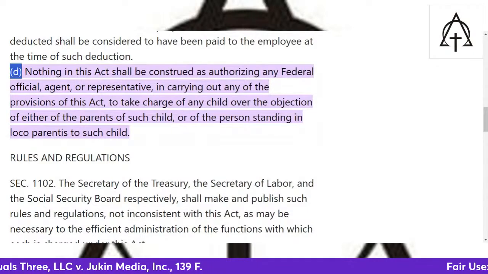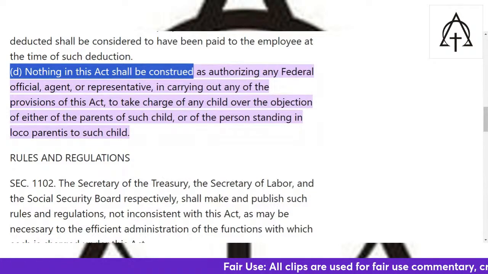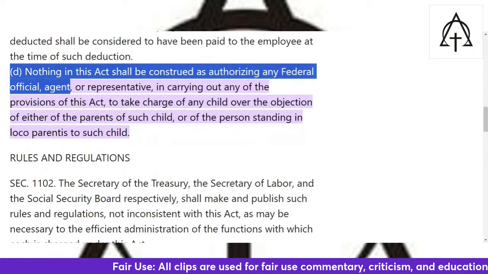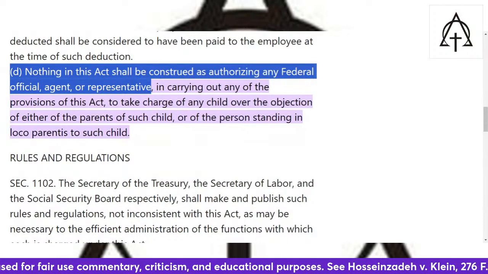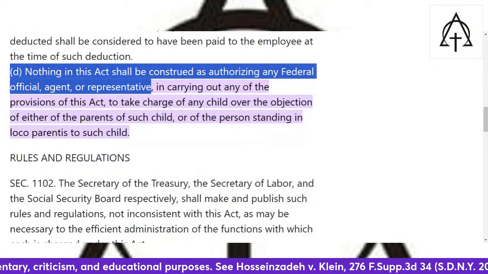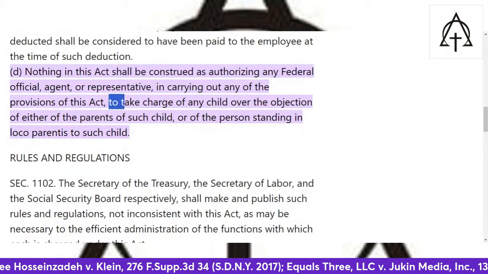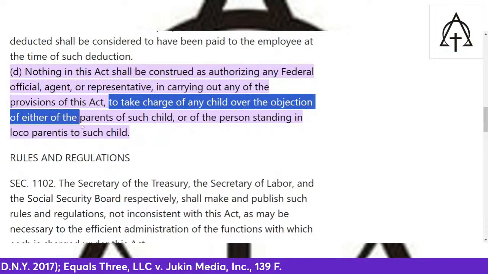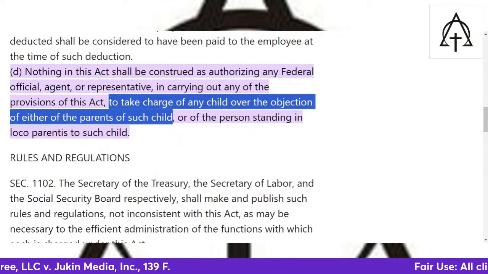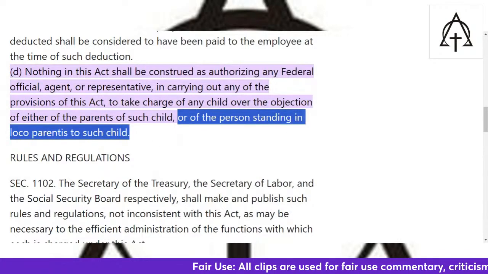And Section D says, nothing in this act shall be construed as authorizing any federal official, agent, or representative in carrying out any of the provisions of this act to take charge of any child over the objection of either of the parents of such child or of the person standing in loco parentis to such child.